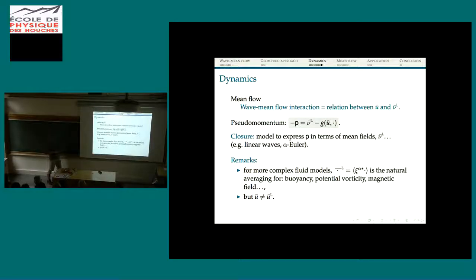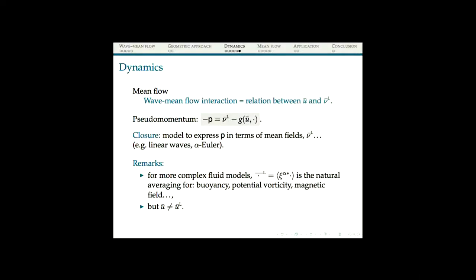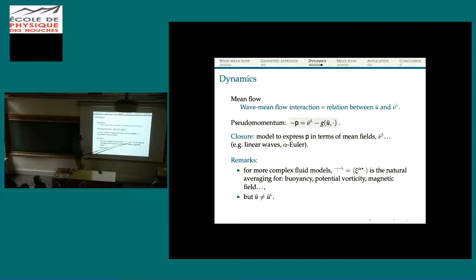One more thing: I was led naturally to this definition of the Lagrangian mean momentum. This is a natural definition of the Lagrangian mean of anything. If you give me any quantity, there's a natural way of taking the mean, which is to put it back using the perturbation maps, and then average.